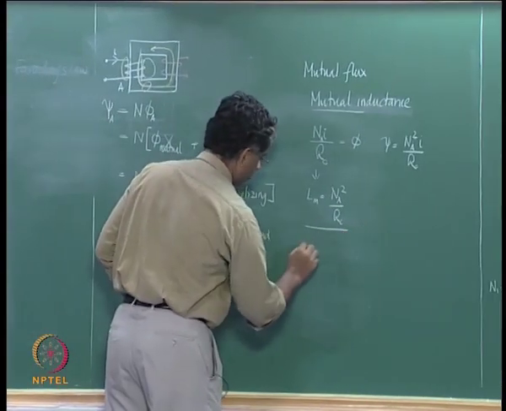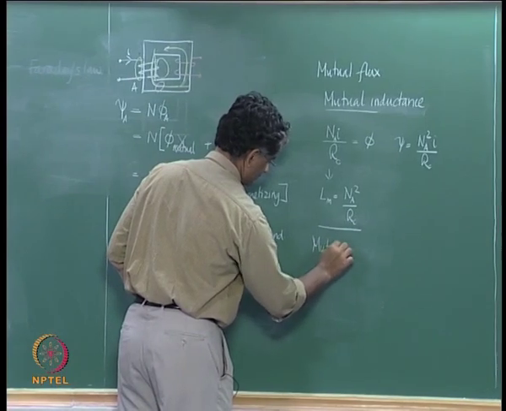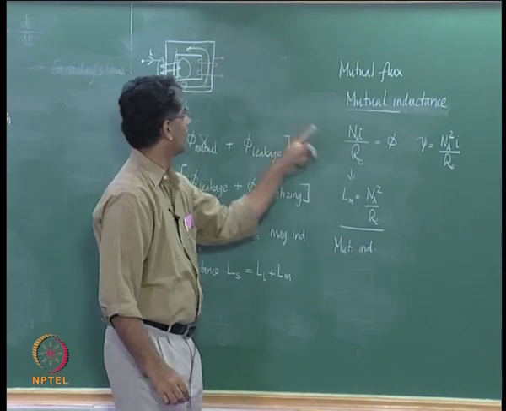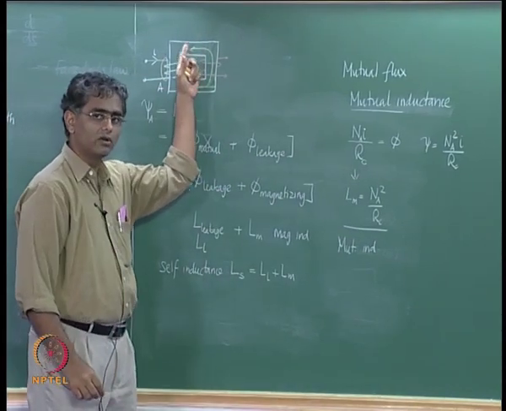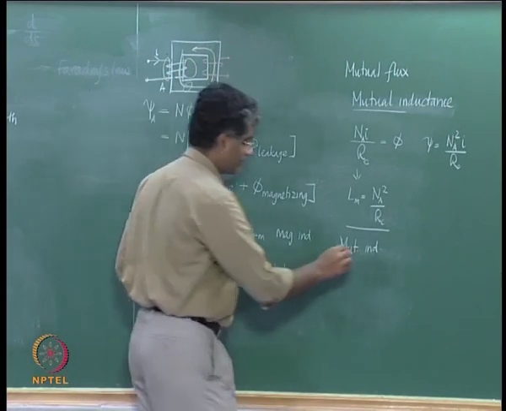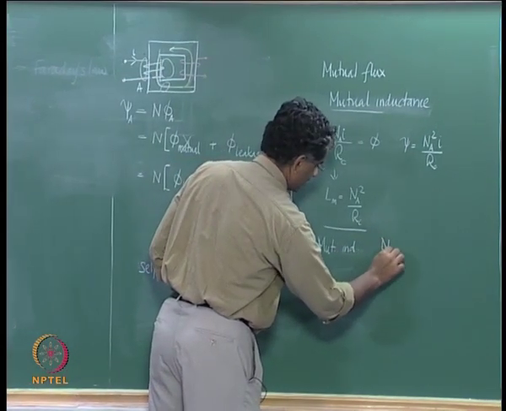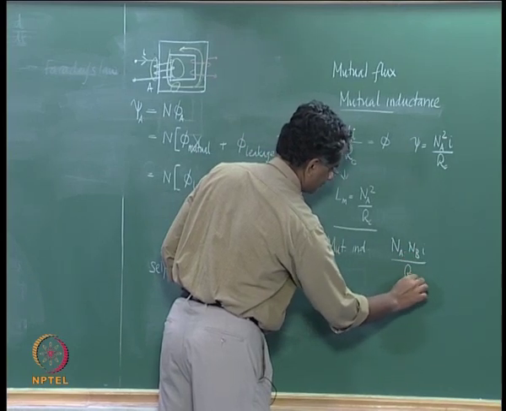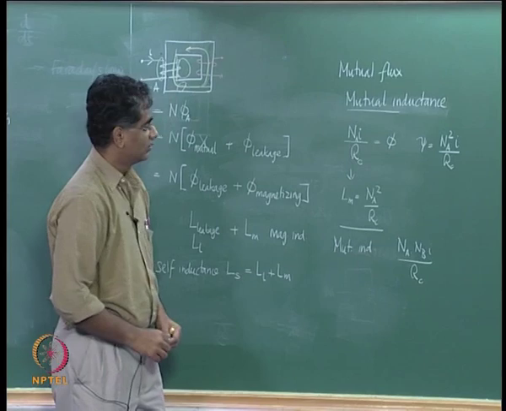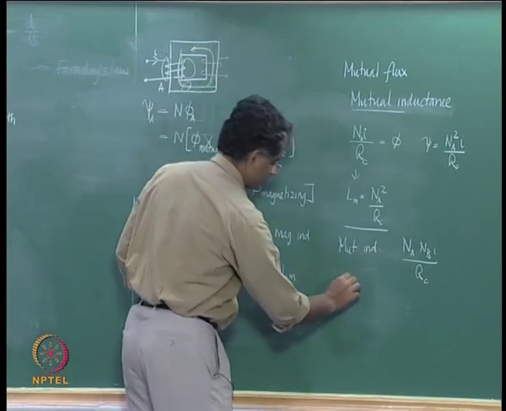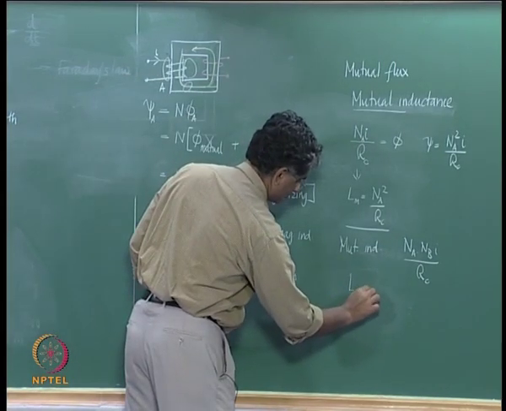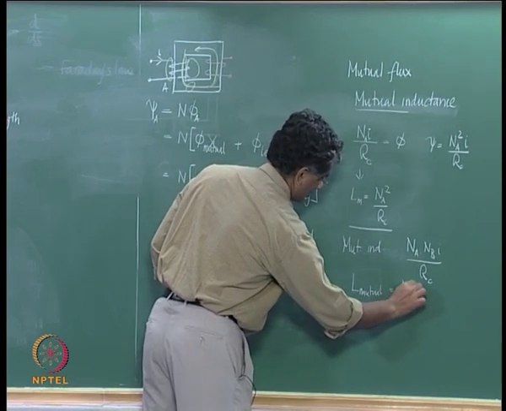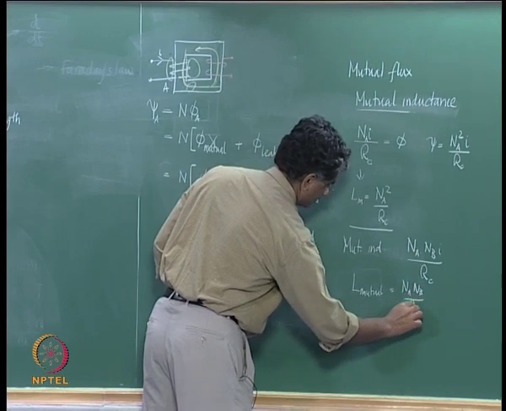Now if you look at mutual inductance, the flux that is generated here links the second coil also, and therefore the flux linkage is Na into Nb into I by Rc, and therefore the inductance, which is L mutual, is Na Nb by Rc.